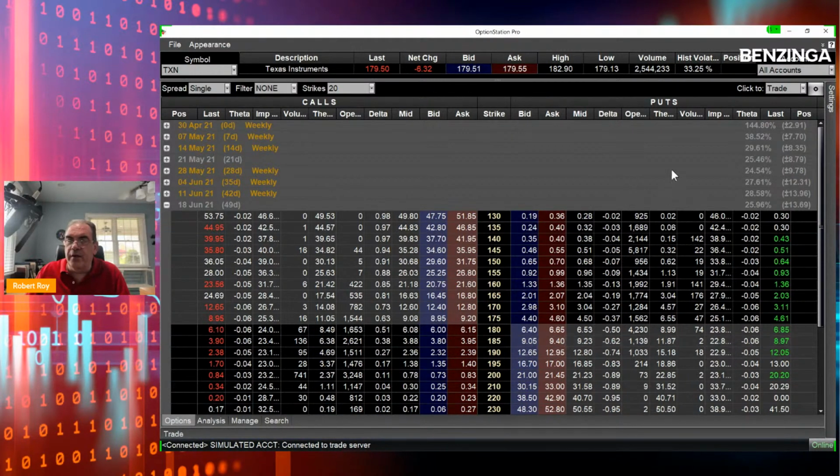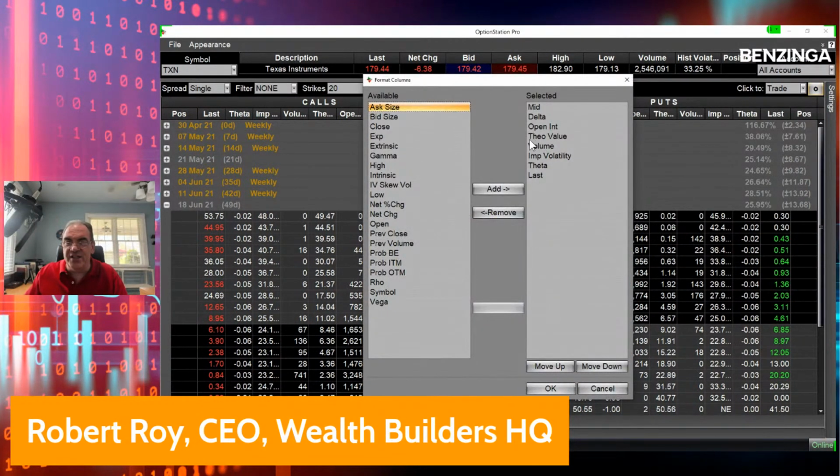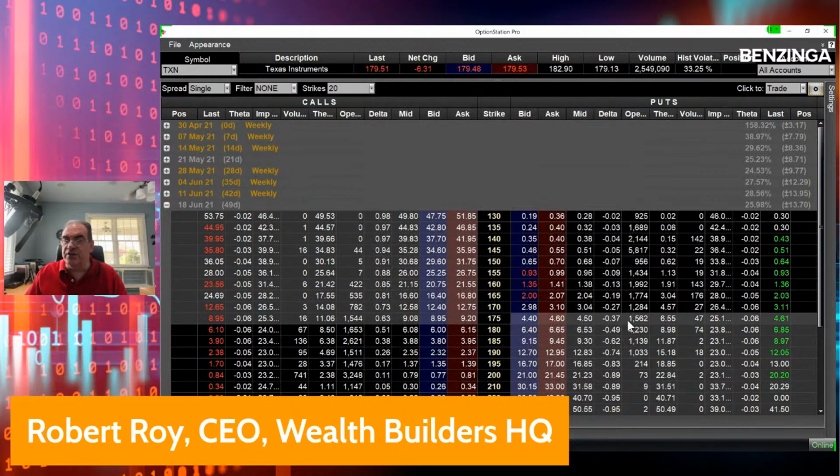There's a column here, and you can't see the whole thing because of how big I made the text today, the font, to make it easier for you to see. But if you look at it, it says Theo value, which is the theoretical value. Theoretical value is what the Black-Scholes model tells us: is the option fairly valued or not?